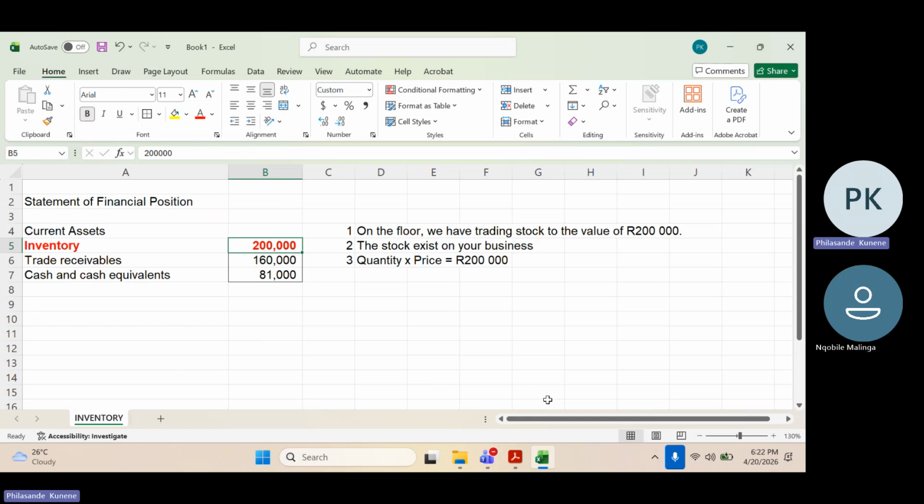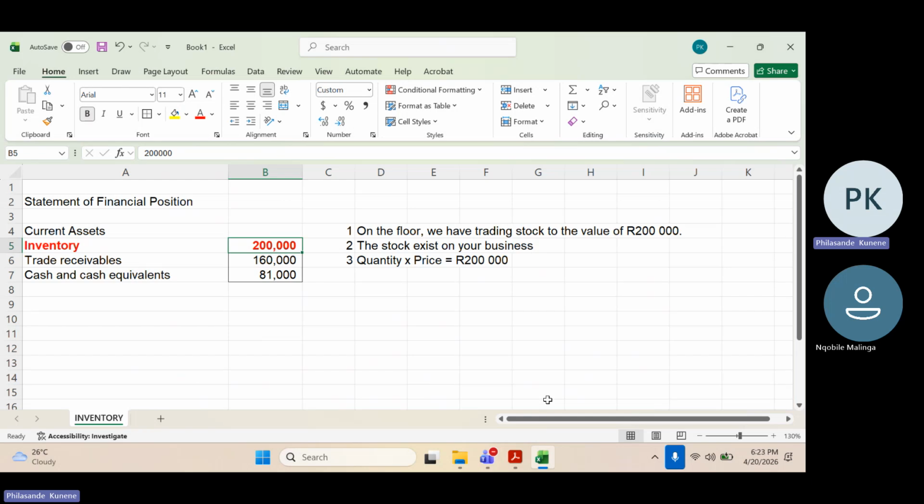So you can see that the perpetual inventory system keeps track of your inventory movement daily. Anytime there's a movement of stock, it will be recorded by the computer. That is the perpetual inventory system. If they ask you to define it, you need to tell them it is a computerized system linked to the computers within the business to keep track of all the movement of inventory.